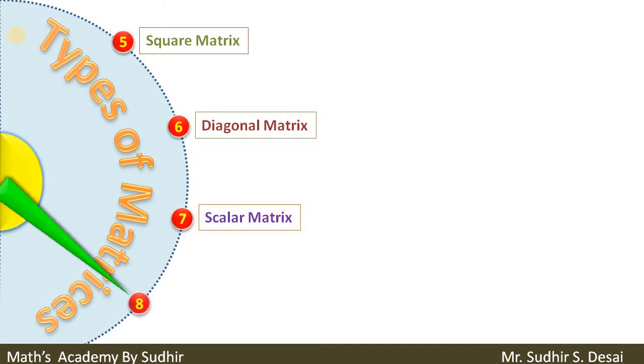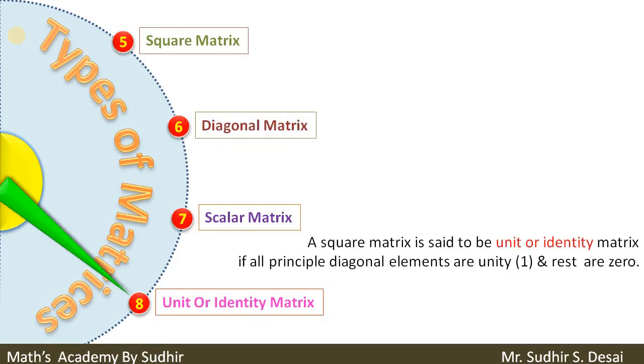Next definition is of unit or identity matrix. It is a very important matrix. A square matrix is said to be a unit or identity matrix if all principal diagonal elements are unity, that is 1, and the rest are 0. Let's take an example.